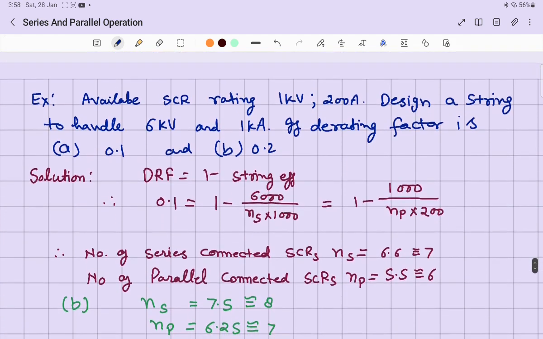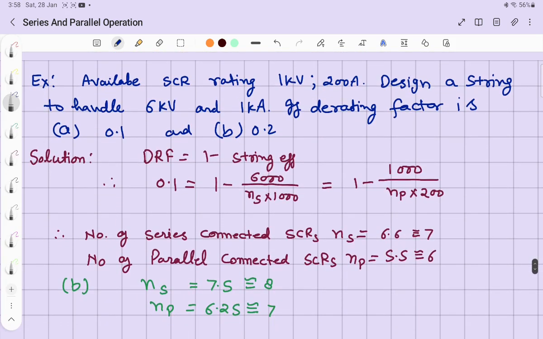Now we will do some numericals based on this. Suppose we have available thyristors of 1 kV and 200 ampere. We have to design a string which can handle 6 kilovolt and 1 kilo ampere current, and the derating factor has two cases, in one case it is 0.1, and in the other it is 0.2. This is a very simple question, you just try to solve this.